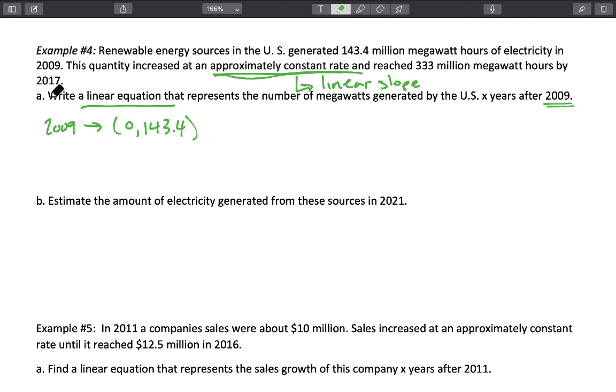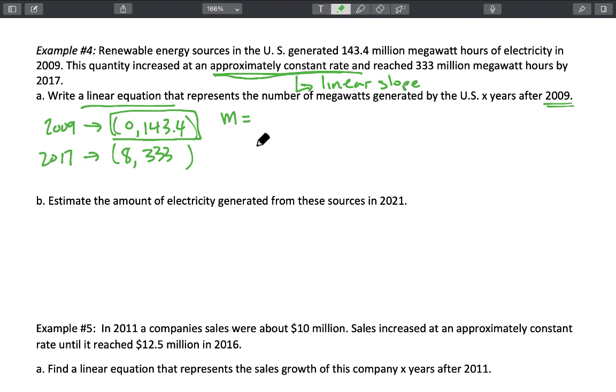And then in 2017, that's going to be 8 years later. Our x value now will be 8. It produced 333 million megawatt hours. So here are our two ordered pairs that we can now find the slope between, and then find the y-intercept for, which we actually have right here, and then write the equation of that line.